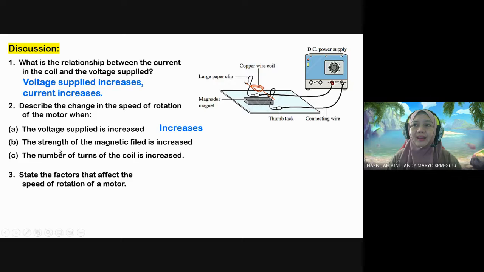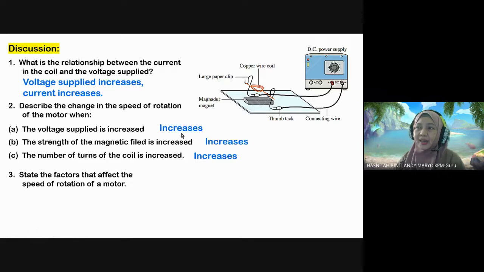When we add more magnets, we increase the strength of the magnetic field, so the speed of rotation increases due to the stronger magnetic field. Third, we maintain the voltage and the number of magnets, but we increase the number of turns of coil. Again, the rotation will be faster, at a higher rate.